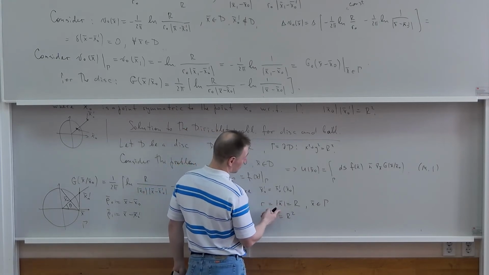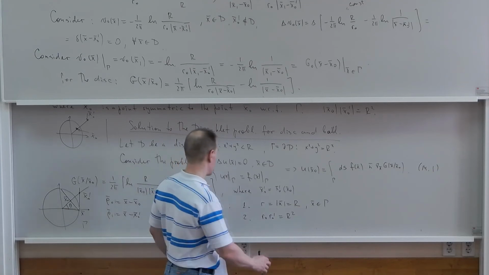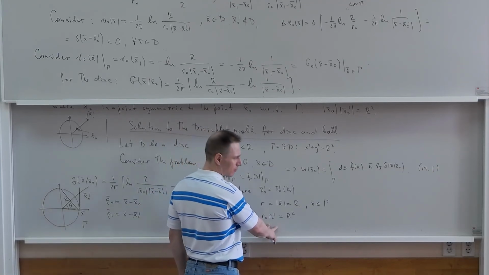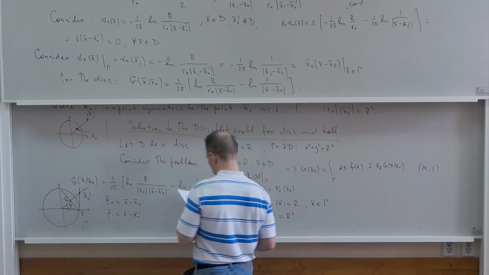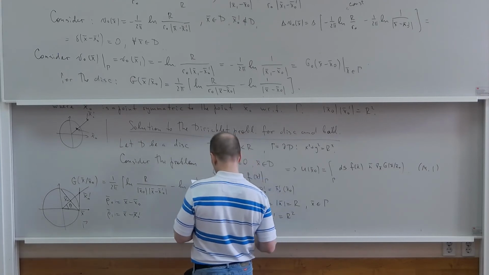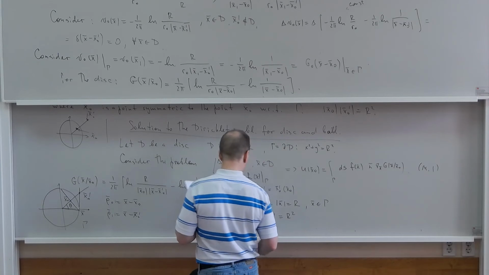A consequence of the fact that x belongs to the circle gamma. This is in fact a definition of, it follows from the definition of symmetric point. And we have the following relation.